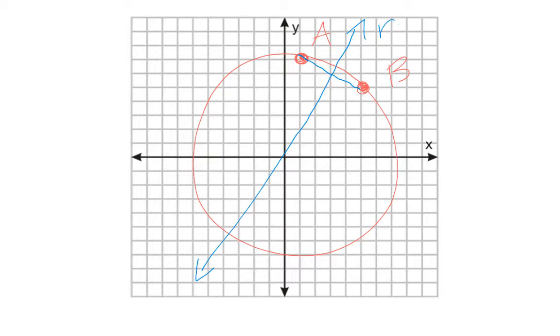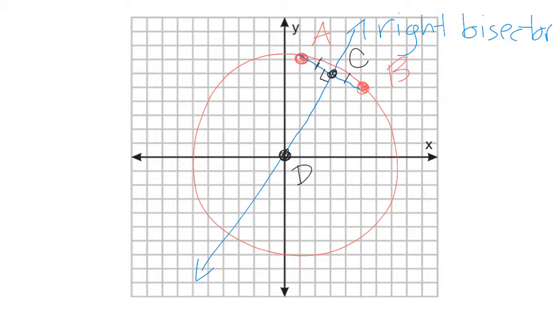So that would be the right bisector, since it cuts the chord in half and it intersects it at a 90-degree angle. Let's label some of these points so it's a little bit easier for ourselves. I'm going to call this C, and I'm going to call this point D.